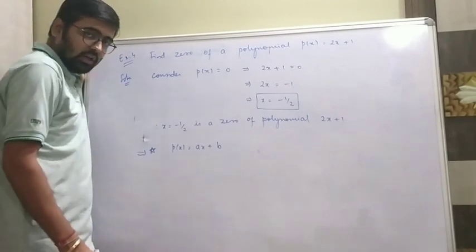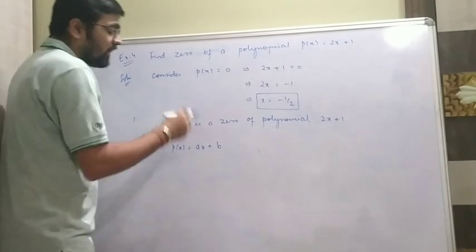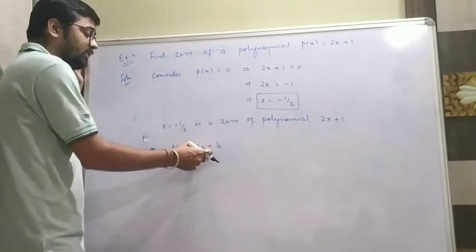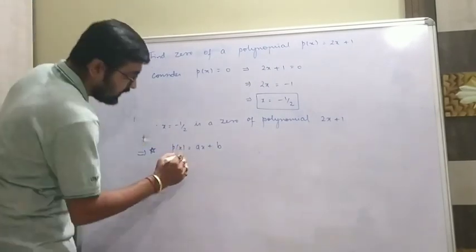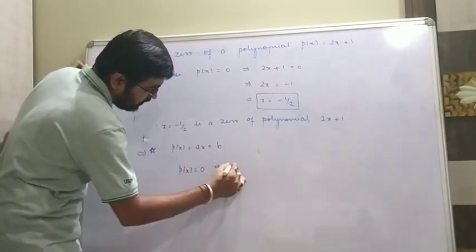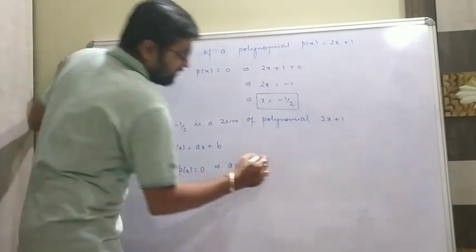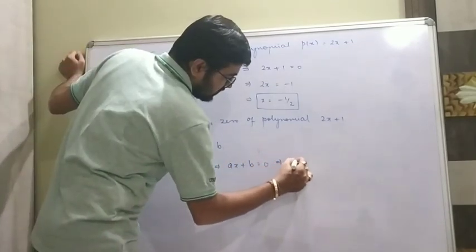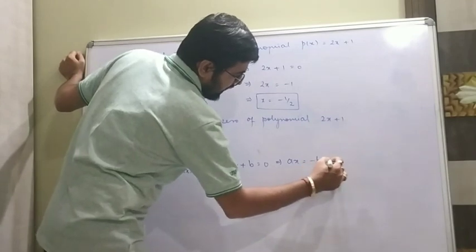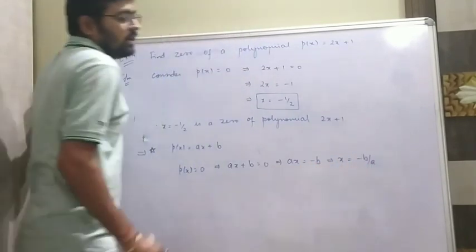If I have a general linear polynomial p of x equals to ax plus b, and if I want to find the 0 of this polynomial, what it could be? So I will consider the same thing, p of x equals to 0. That means ax plus b equals to 0. And if I further simplify this, I will get ax equals to minus b. So x equals to minus b by a.